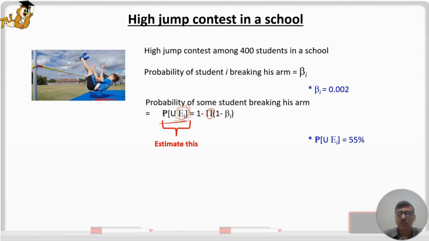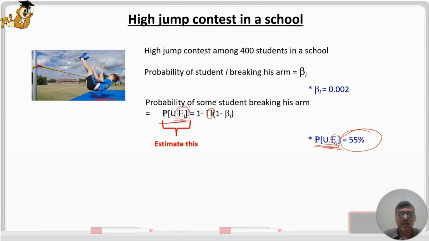So if the PT instructor went ahead and conducted this exercise, although the probability of a student breaking his arm is extremely tiny, if he ran this contest amongst 400 students, the probability of some student breaking his arm would be 55%. You agree with this, right? This is simply the probability of the union of the individual events, each event being that student I breaks his arm, right?